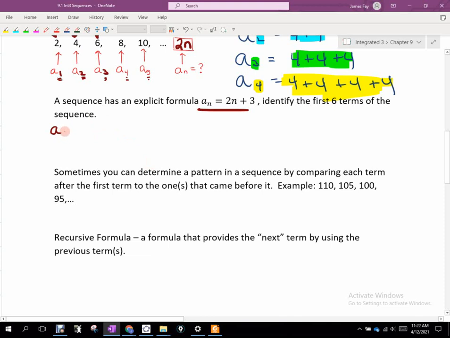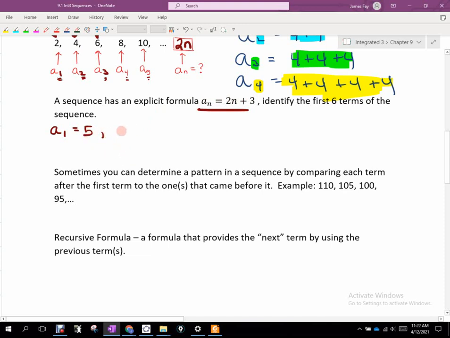So for the first term, a sub 1, all I have to do is plug in n to be this subscript. So 2 times 1 plus 3 would give me what? 5.